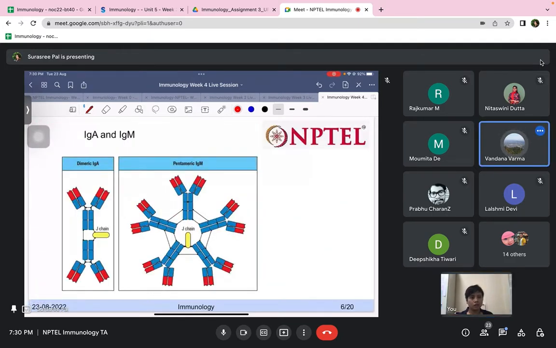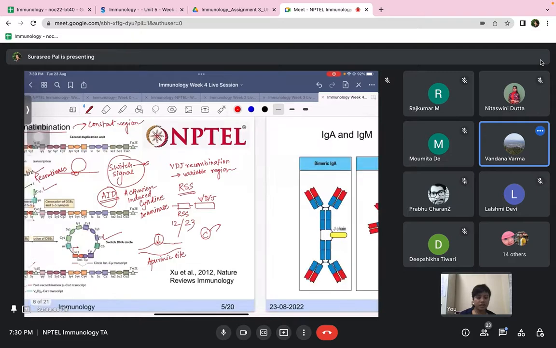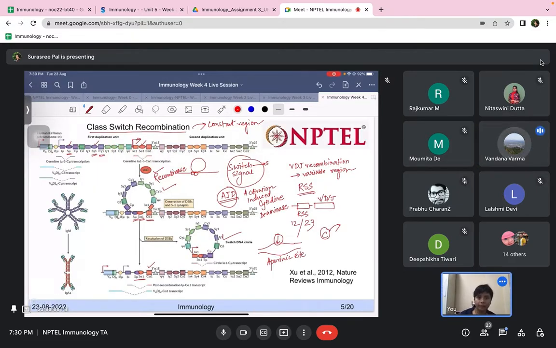I have a query here. Yeah, sure. Could you please repeat about the apurinic site once more? Yeah, actually, in this DNA repair event of recombination, the apurinic site is created at the beginning of the recombination. There are several enzymes involved in this process. One of the first is this activation induced cytidine deaminase.